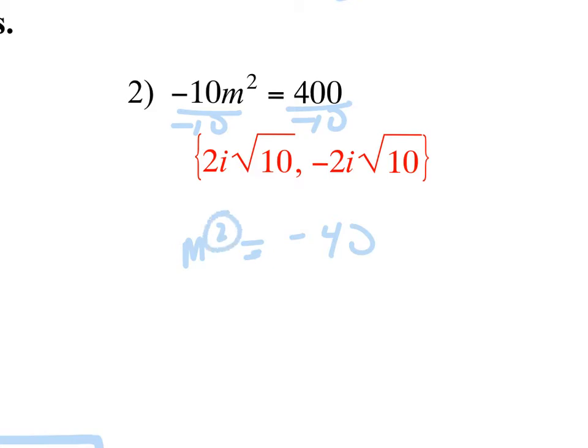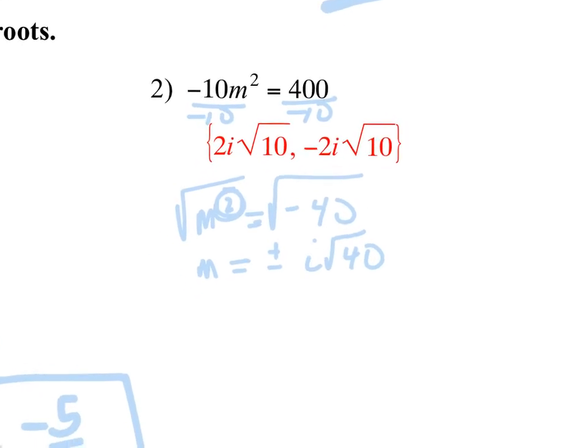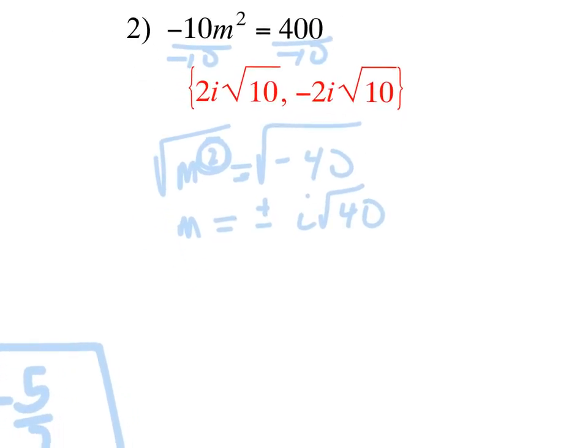Now, you've got to get rid of this m squared, so you take the square root. Well, you just took the square root of a negative, which we know is not a real number. So what that is, that's an i, and you have the square root of 40. Now remember, it's a squared answer, so we have to include a positive and a negative, so that's where the plus or minus comes in. Then we have to break down the 40.